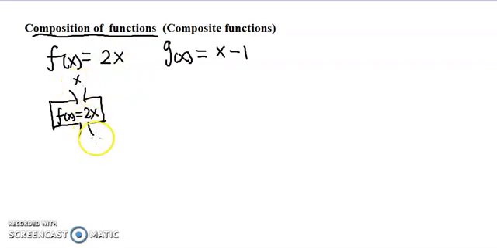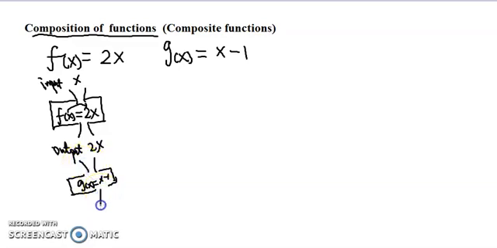This function f is going to change x to 2x, so we get an output 2x. Then we take this output 2x and put it into the second function, g of x, and see what we get. When we put it in there, what's going to come out? This is the question.